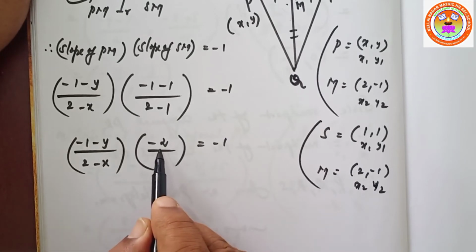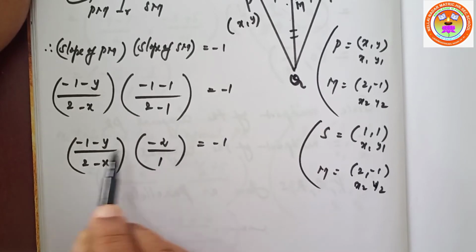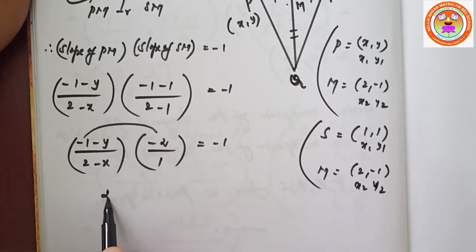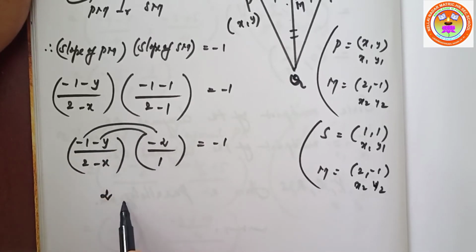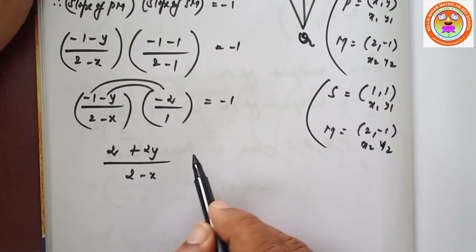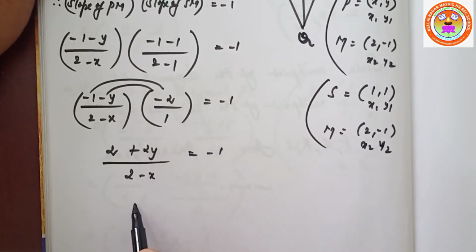Okay. Now multiply minus 1 into minus 2, that is 2; minus y into minus 2 is 2y, divided by 2 minus x into 1, that is 2 minus x, equal to minus 1.